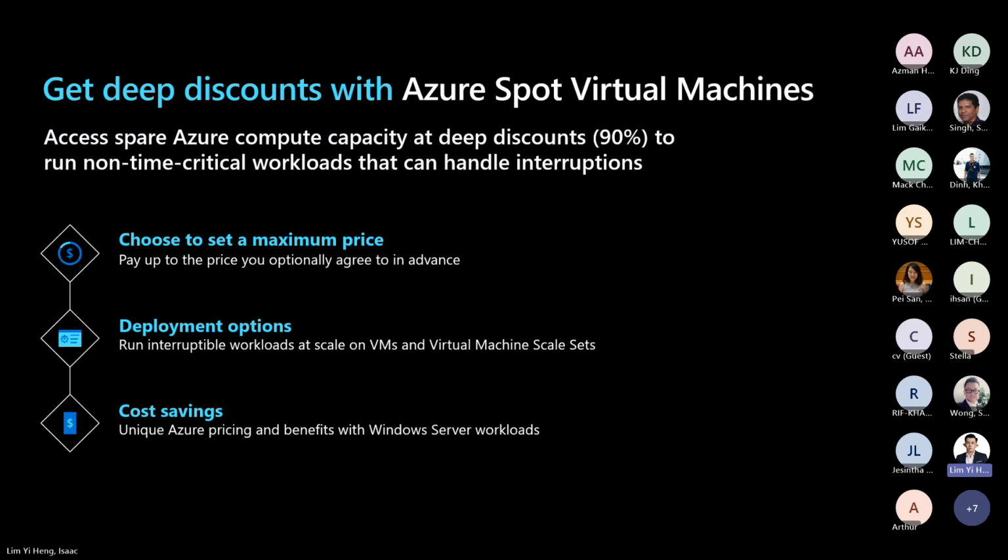Azure Spot VM can give the customer access to spare Azure compute capacity at a deep discount to run workloads which are non-time critical and can handle interruption, such as batch processing jobs and also dev test environments.